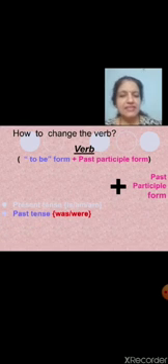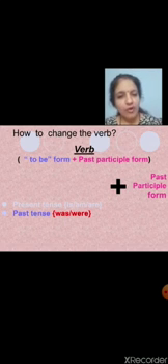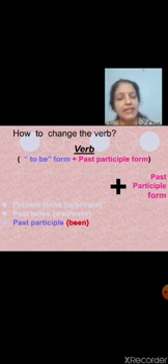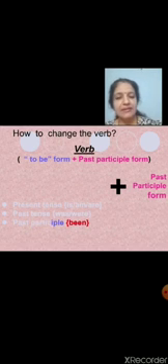In past tense, the to be form is was or were. I hope you are writing down these, children. Was or were. In the past participle form, we have been. Been. B-E-E-N. Been.